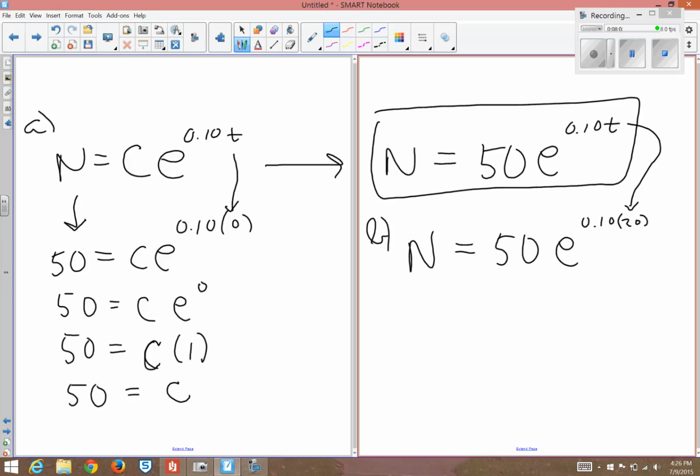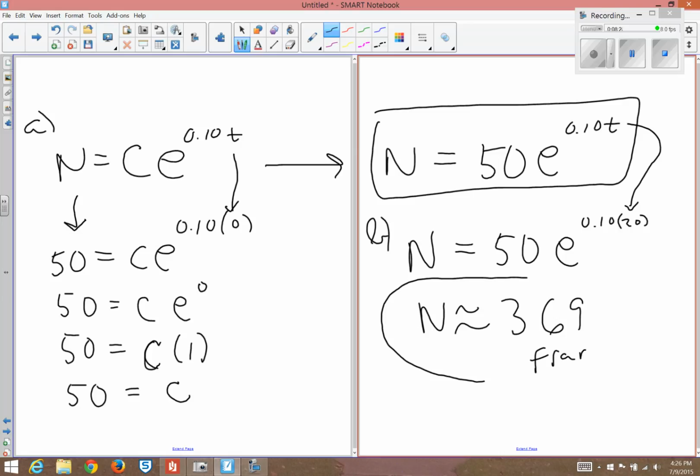My calculator says that 50 times e raised to the 0.10 times 20 is about 369. We have to make this a whole number because it's the number of pizza franchises or stores. It would not make sense to have a decimal.